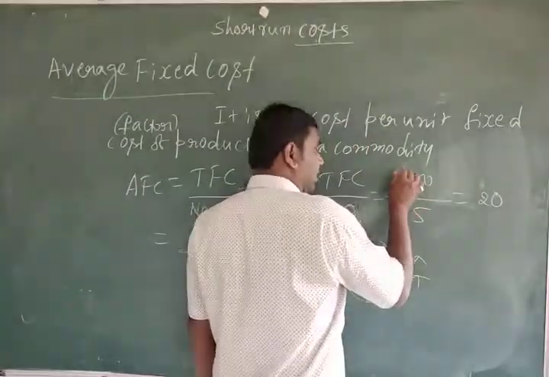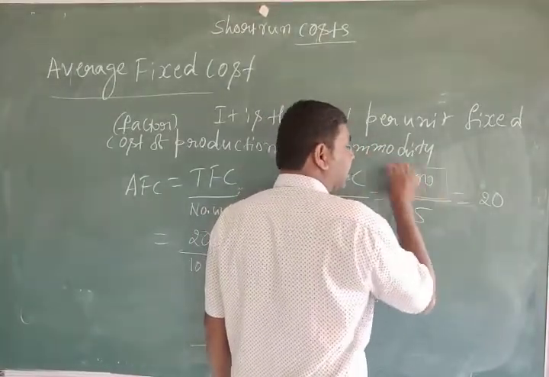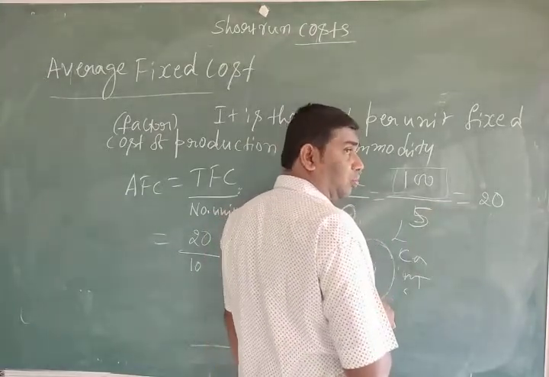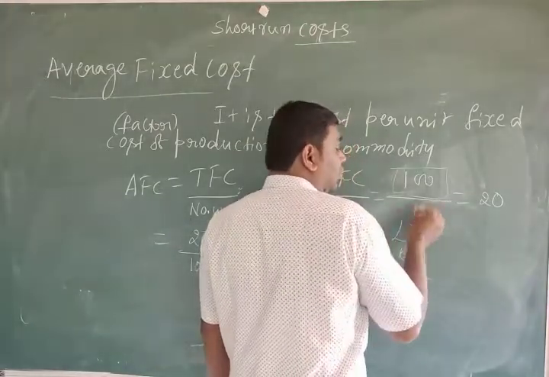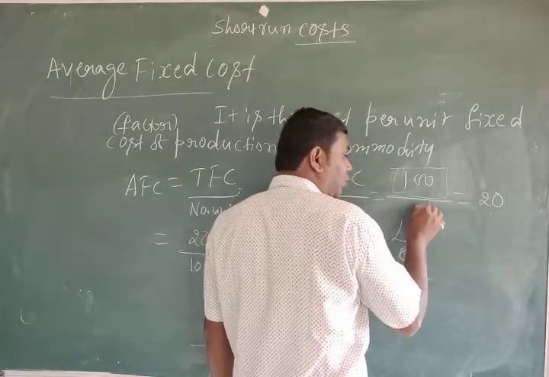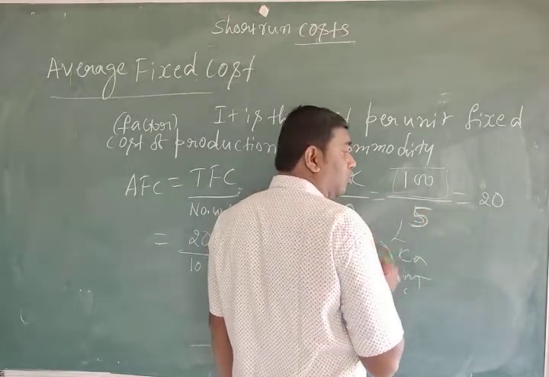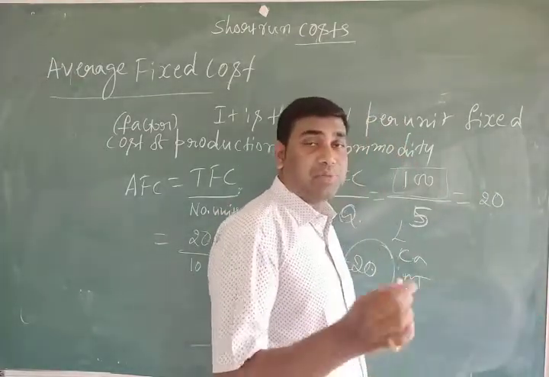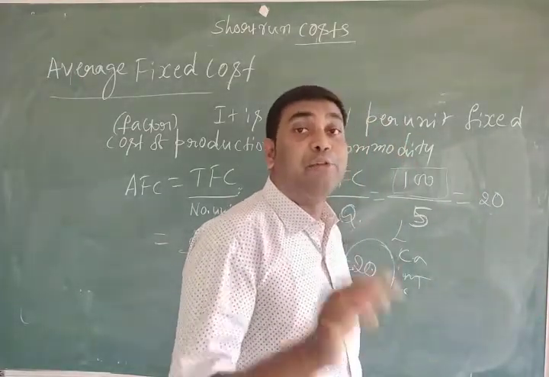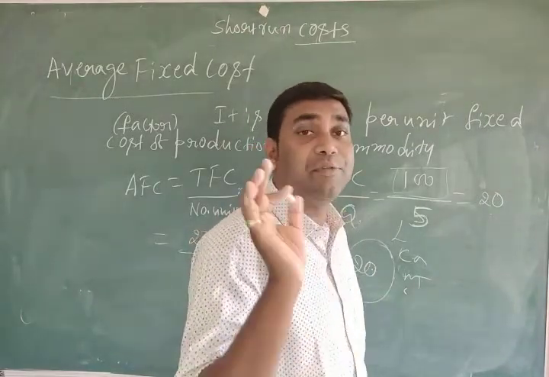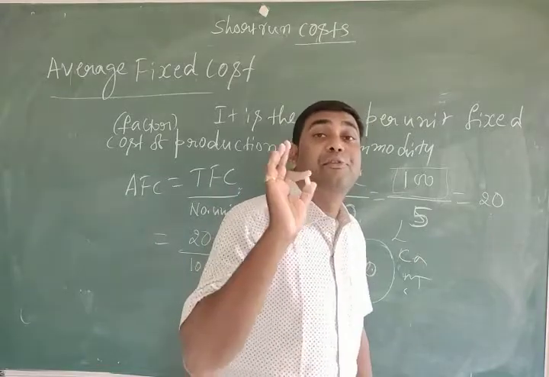So the fixed cost is 100, and he is producing 5 units of output. To produce 5 units of output, he is expensing rupees 20 on each fixed factor.